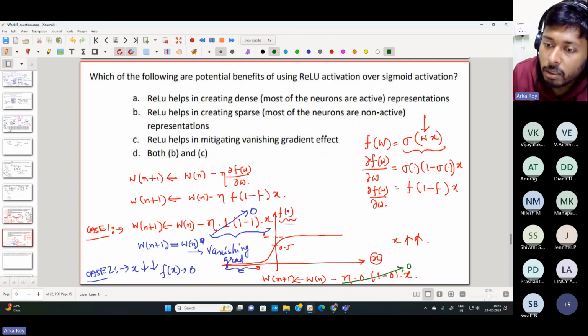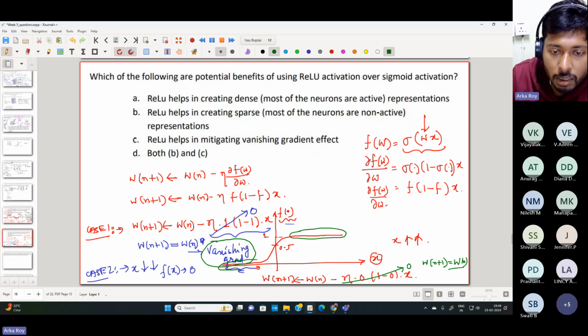The whole multiplication term is equal to 0, so again you end up with the same equation, w(n+1) equals w(n). The moment the gradient equals 0, your learning process will stop. This problem is called vanishing gradient, as this whole gradient term vanishes due to saturation in this part and in this part.